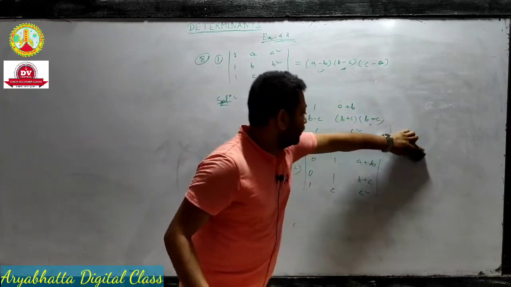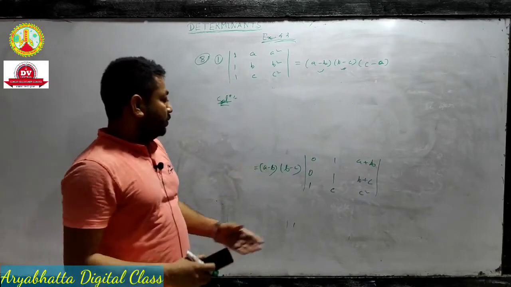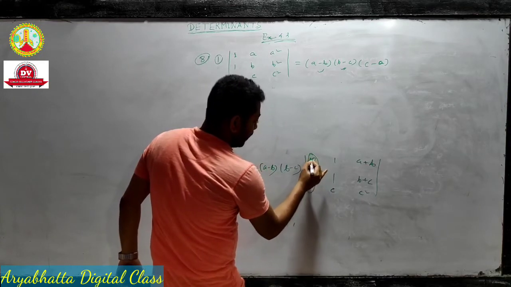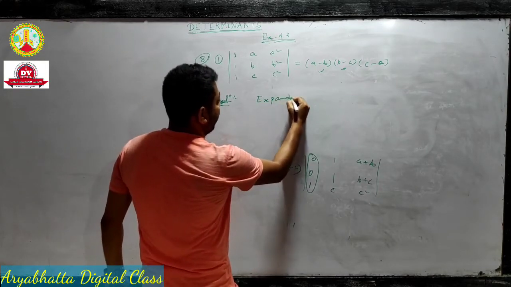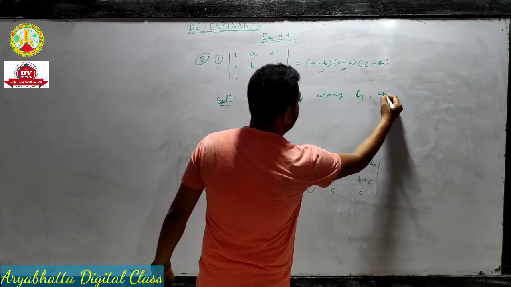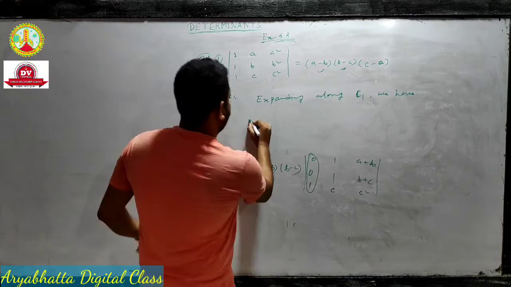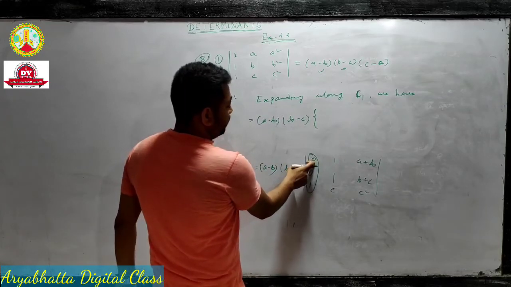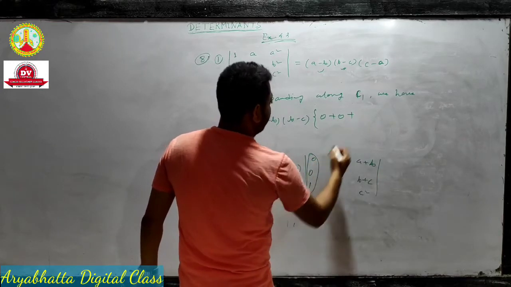Now in the first column, two elements are 0, then expanding along C1, the first column, we have a minus b into b minus c into 0 plus 0 plus, for this element, minus 1 whole power.